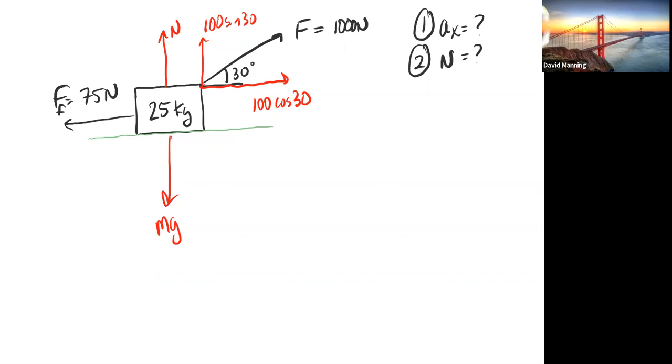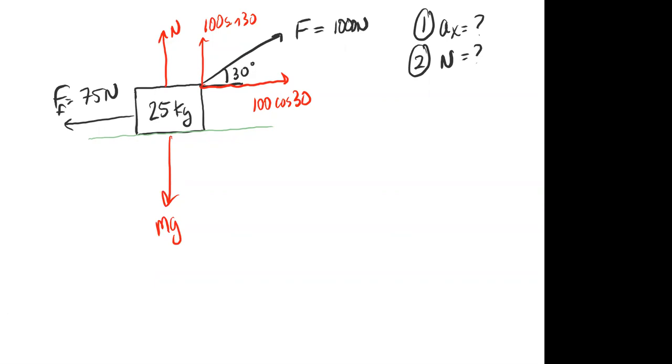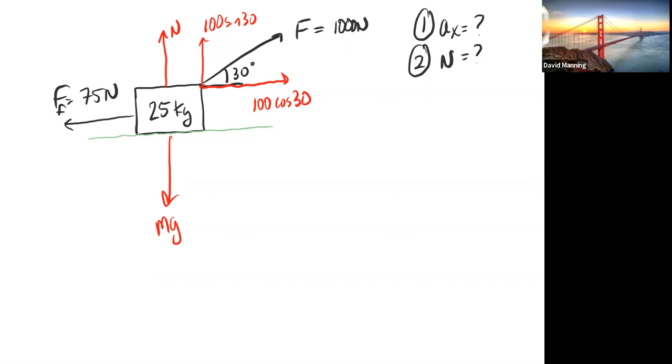So now solve it. Would it be 1,000 sine and cosine 30? Oh yeah, thanks. I don't know why I had 100 in my brain.